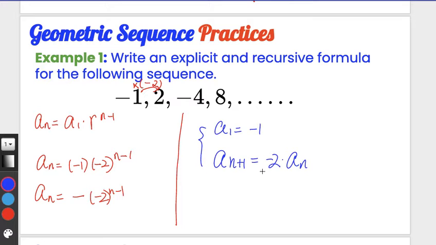That's our recursive formula. If you prefer to write it this way, it really doesn't matter. Both ways to write it are all right, it's just a different symbol. Okay, so that's the first example.